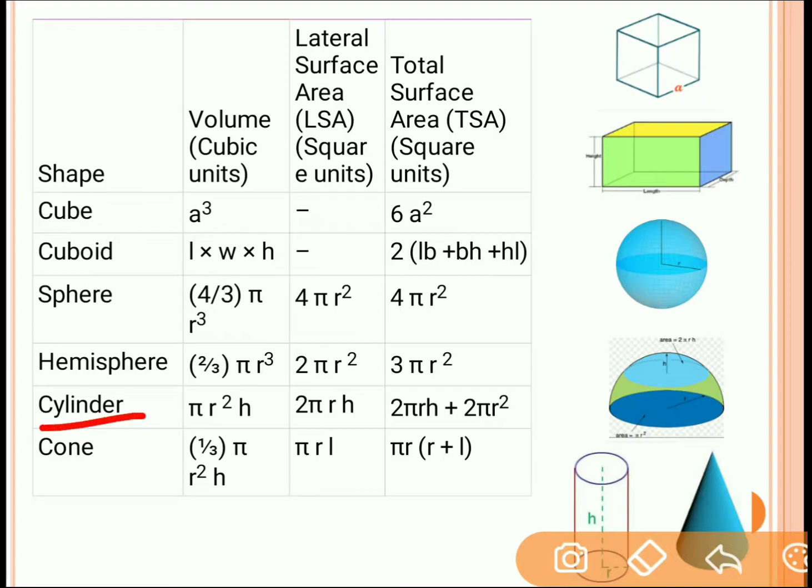Cylinder. For a cylinder, volume is pi r square h. Lateral surface area is nothing but the curved surface area. So the curvature area is 2 times pi r h, and the total surface area of the cylinder will be 2 times pi r h plus the area of the top circle and the area of the bottom circle.